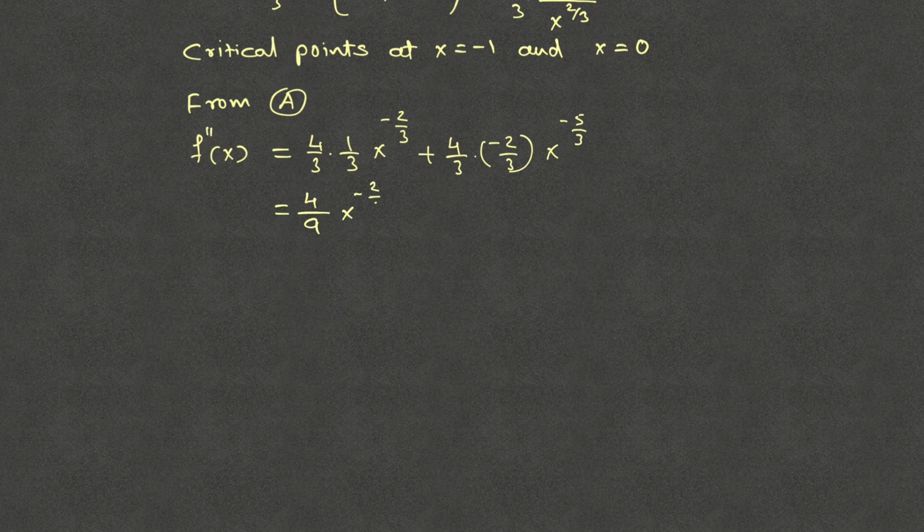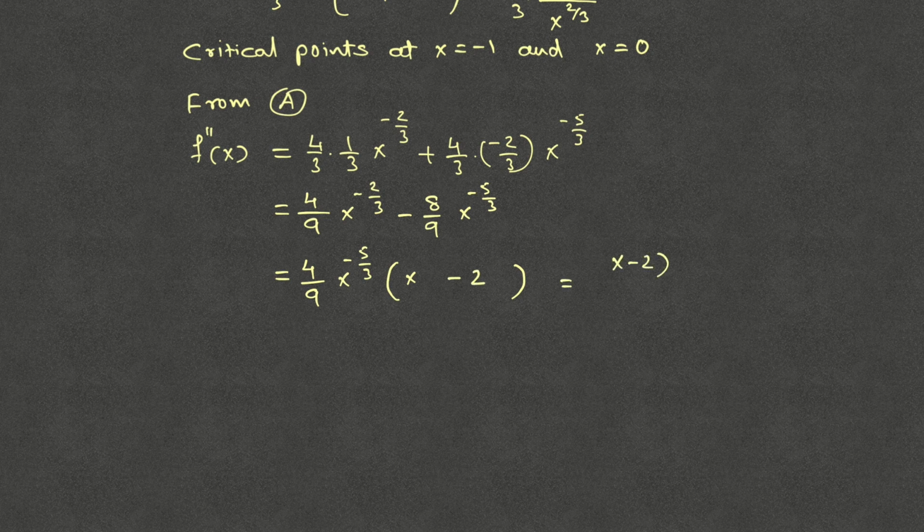Rearranging the second derivative and taking a common factor, we obtain f double prime of x is equal to 4/9 x to the negative 5/3 times x minus 2, which equals x minus 2 times 4 divided by 9 times x to the 5/3.